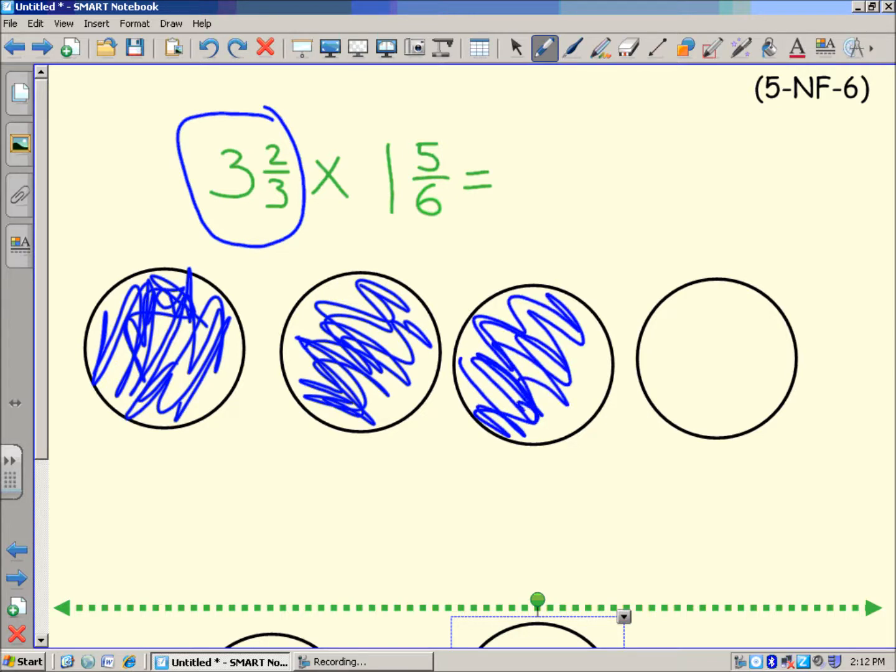There's 3, and now I have to show 2/3 of another pie. Let's divide down and try to get thirds. They should technically be equal parts. Just a rough sketch to show our ideas. Now we're going to do 2/3 of this pie.